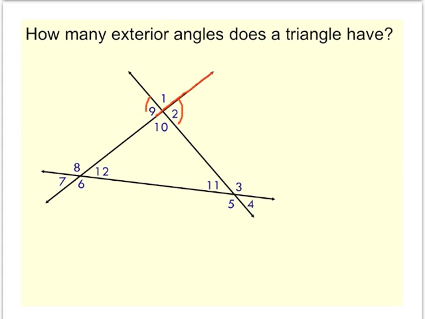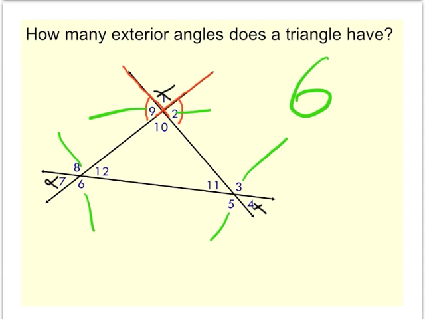Angle 9 is also an exterior angle because it exists by extending this other side. However, angle 1 is not an exterior angle. Likewise, angle 7 is not, and 4 is not. So how many exterior angles does a triangle have? Well, 2 and 9, 8, 6, 3, and 5 are all exterior angles. So 6 of them.